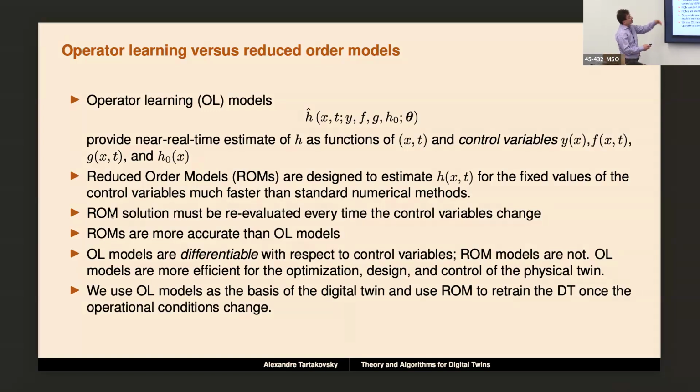Because of this, operator learning models are more efficient for optimization, design, and control of the physical twin. So for this reason, in the digital twin, we use this type of operator learning models rather than reduced order models. However, we can use reduced order models to retrain the digital twin when conditions significantly change.